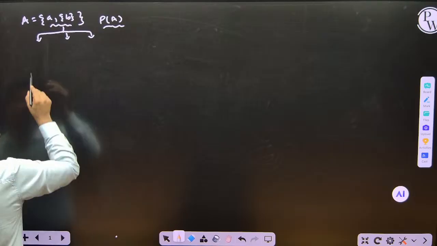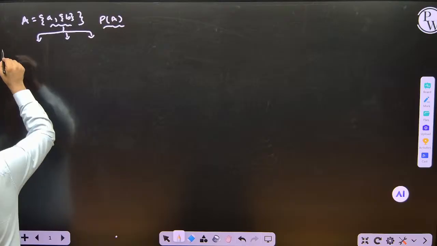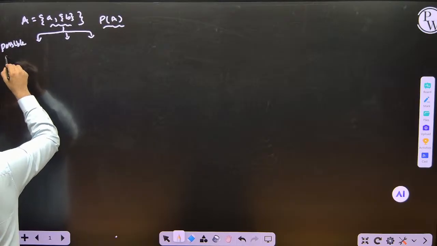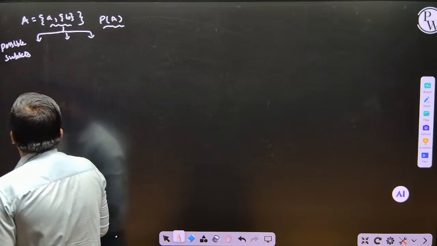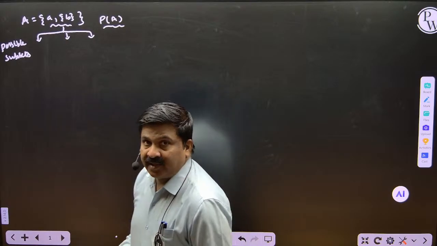What are those elements? Set A has two elements, so what are the possible subsets? When a set has two elements, the possible subsets are what here?